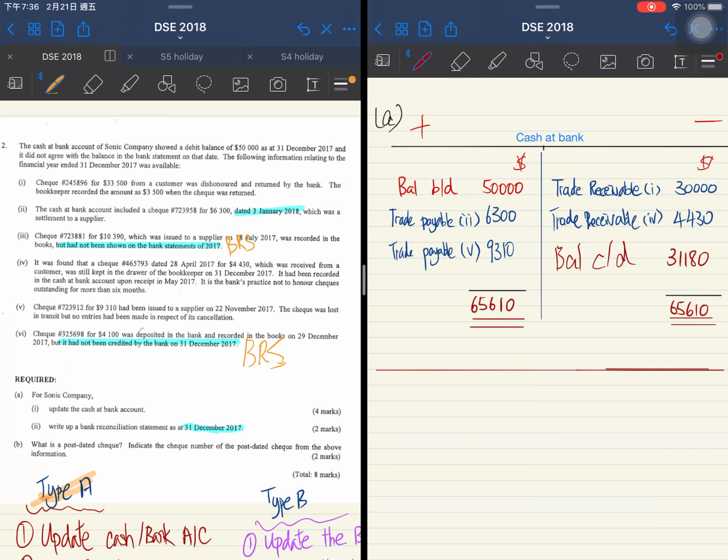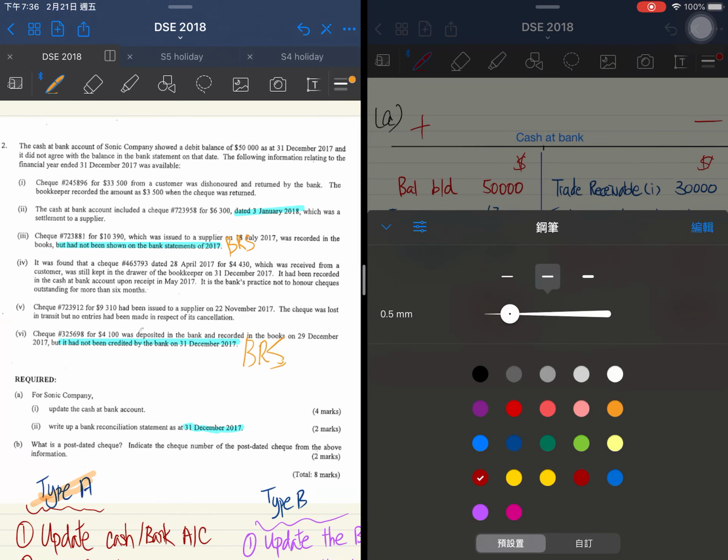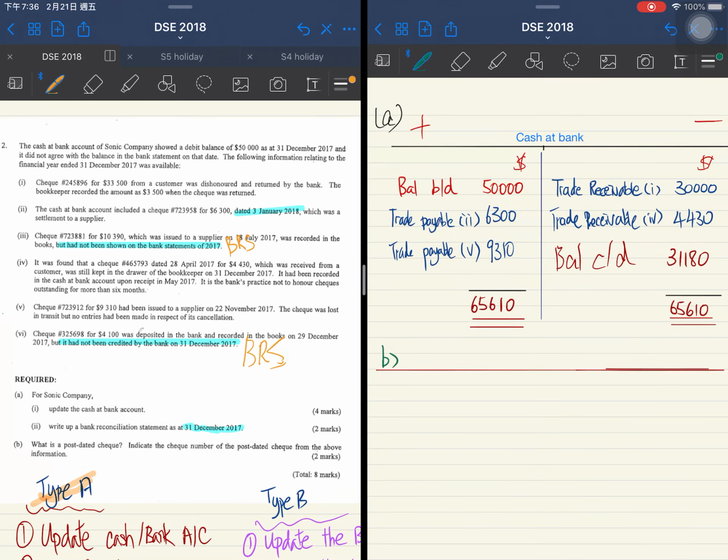So let's do part B. I may use another pen or the green one. Okay, so we write down bank. For the heading, you just copy from the answer.